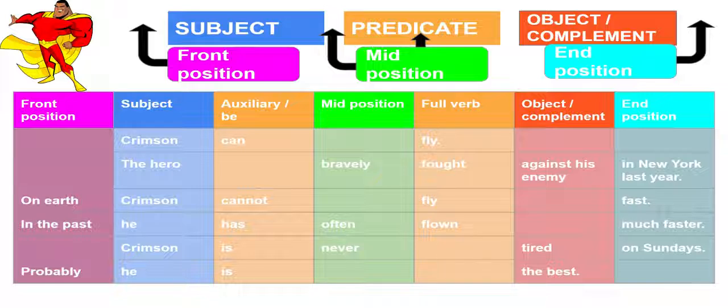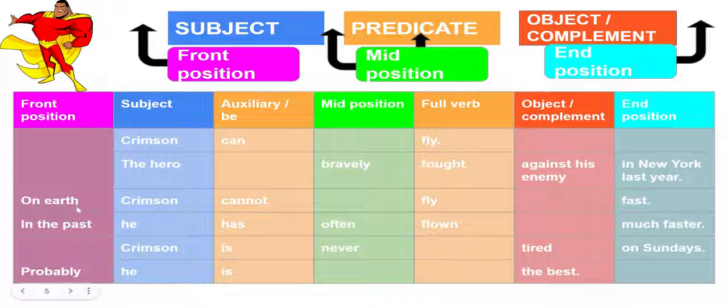This doesn't happen very often, but to show you the complete picture, adverbs of manner can appear in mid position. Let's look at end position here. There are some adverbials here. In New York, which is an adverb of place, and last year, which is an adverb of time. And this shows you that the end position can be occupied by more than one adverbial. Okay, in this case, it's two.